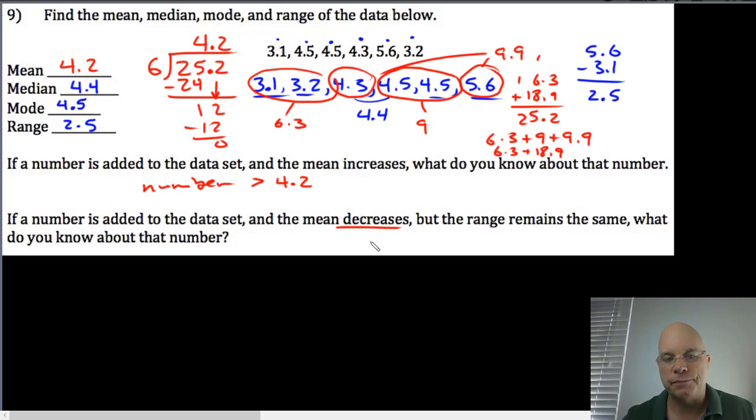And so the number, I'm going to use n for the number, it would have to be less than 4.2 to decrease the mean, but it would have to be greater than or equal to 3.1. Because if I went anything less than 3.1, then the range would change. So as long as you say the number has to be greater than or equal to 3.1, but less than 4.2, then that's the correct answer.